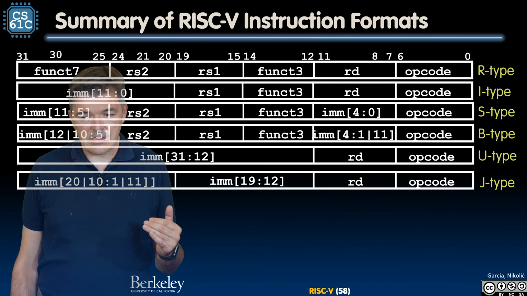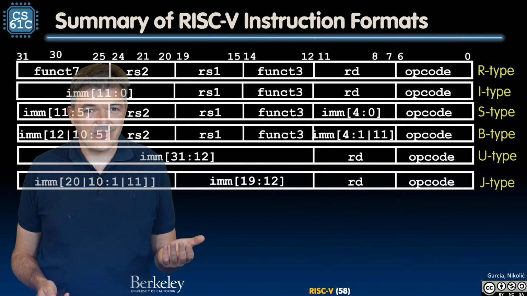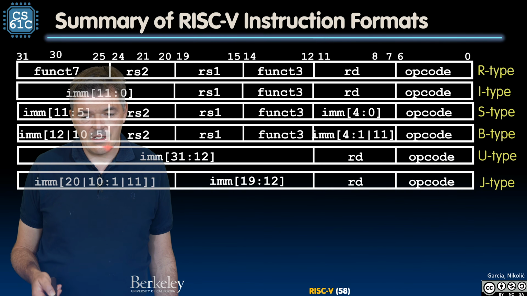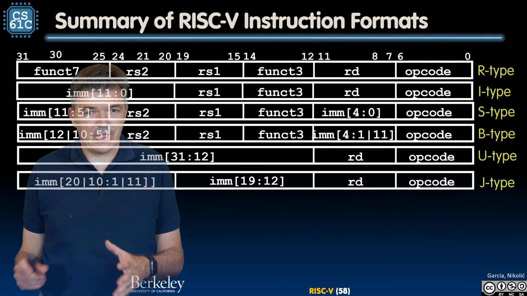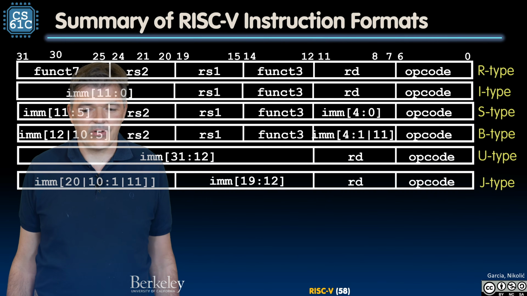Registers are always in the same place, such that processor hardware has an easier time finding them. Similarly, all the immediates are aligned in a way that the processor will generally find them in the same place. And that'll make the design easier and make the hardware run faster. And that's worth any added complexity that we have to do in remembering how these instructions work.